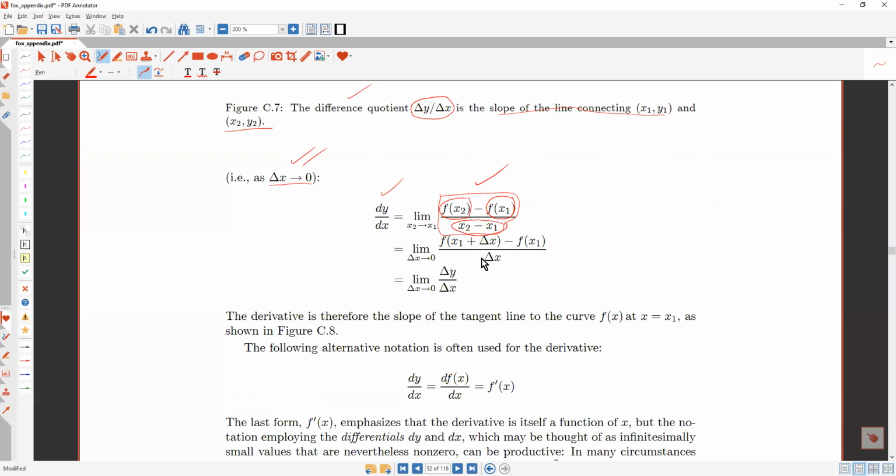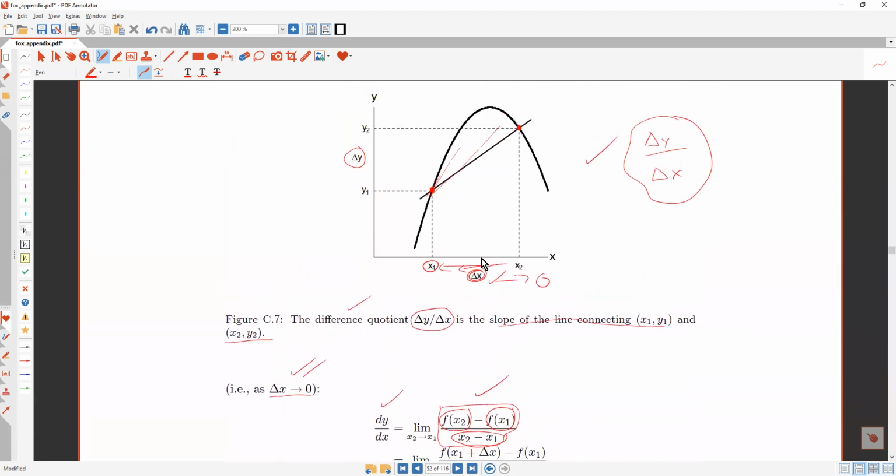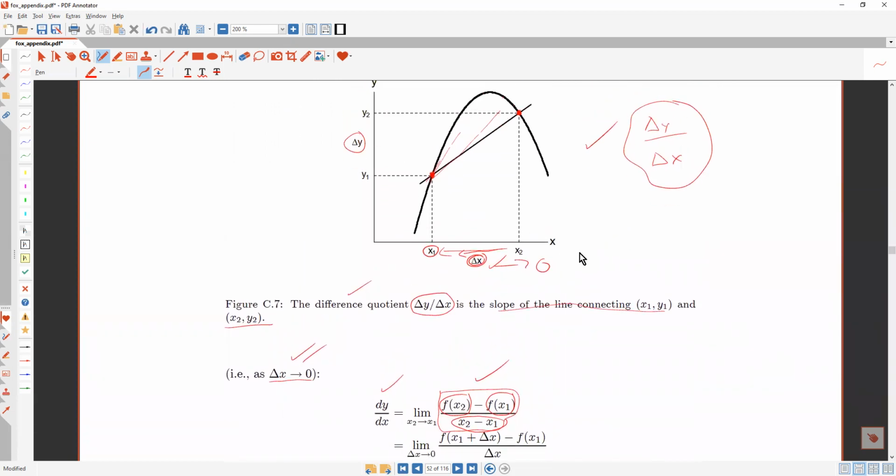Now let's look at that idea. Function at x2 minus the function at x1. Well, that's no problem, because the function at x2 is y2. The function at x1 is y1. So f at x2, f at x1, that's what those values are.